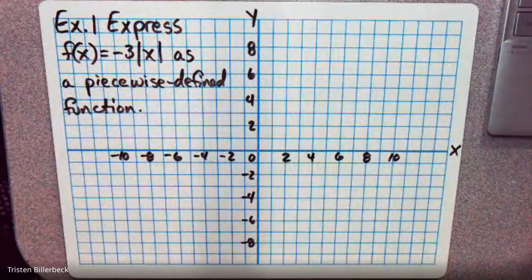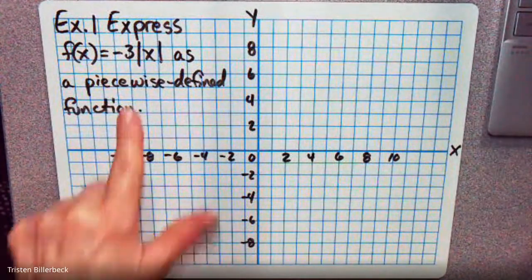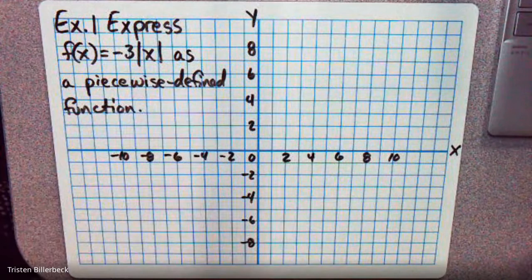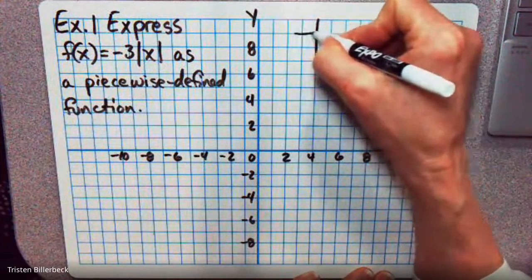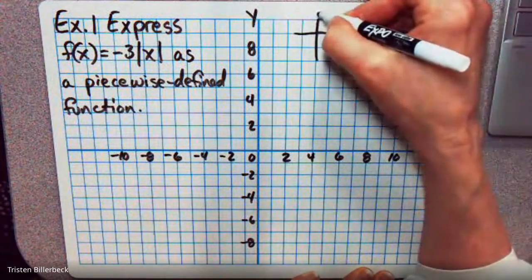All right, so in this section, we want to express f of x equals negative 3 times the absolute value of x as a piecewise defined function. A good thing to do is to put in a few values of x and y to get a good feel about what is happening.